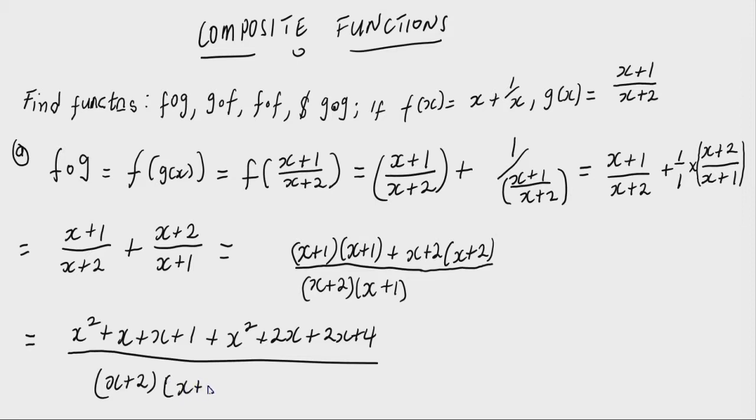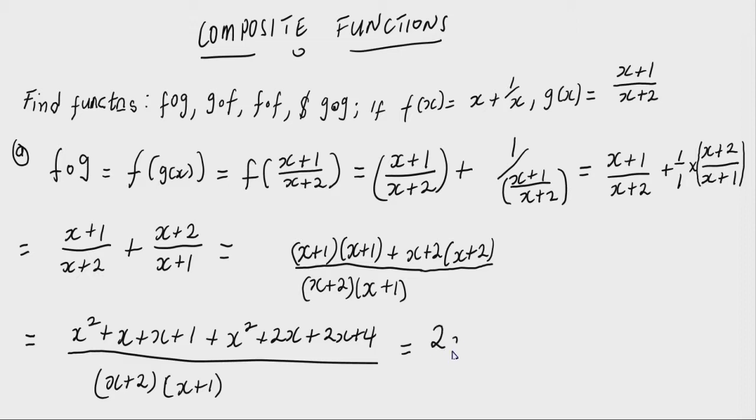And then we're going to take the like terms and add them together. For the sake of space, I'm going to add them all up here and write the final answer here, so we don't have to erase and start over. There are only two x squared terms, so add those together.